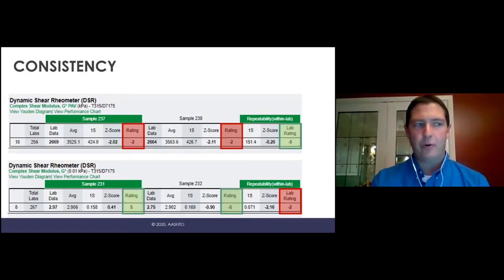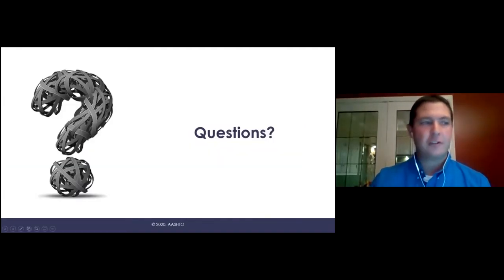And in the top portion, I think we can all agree that the -2s are way more something to worry about than the consistency rating. At least, like I said, you're doing something consistently wrong, or there's something consistently wrong with what's going on. So that's kind of the intent of the repeatability, is to try to look and see if there is any issue with your measurements.